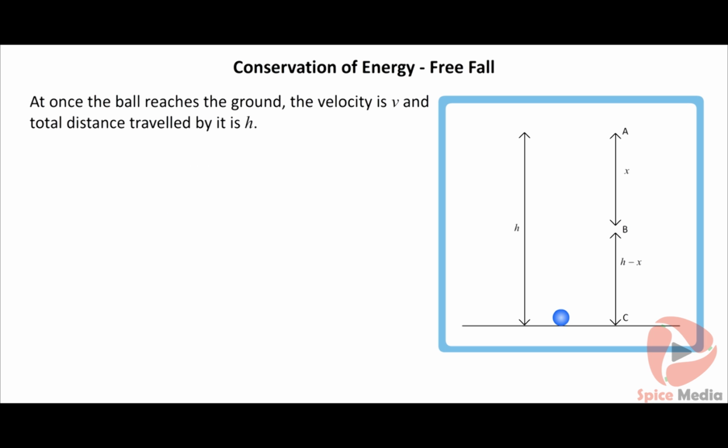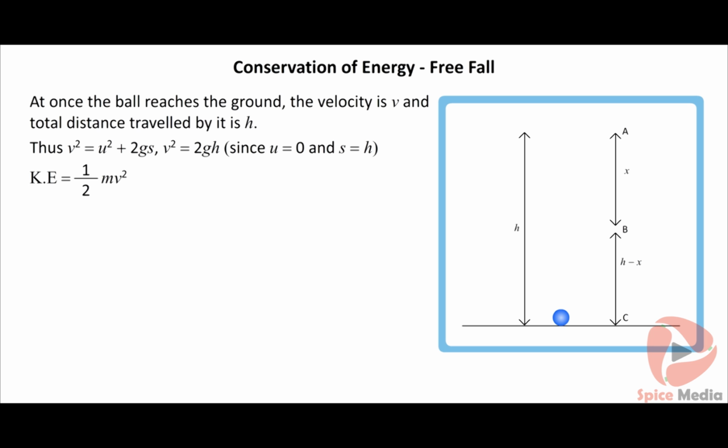Once the ball reaches the ground, the velocity is v and total distance travelled by it is h. Thus, v square is equal to u square plus 2gs. v square is equal to 2gh since u is equal to 0 and s is equal to h.